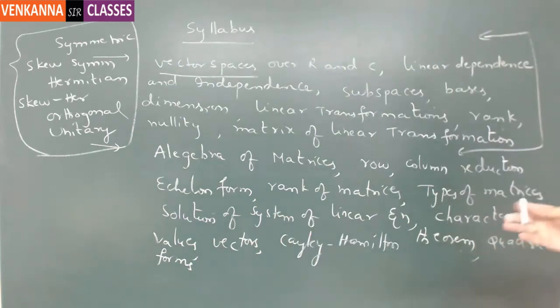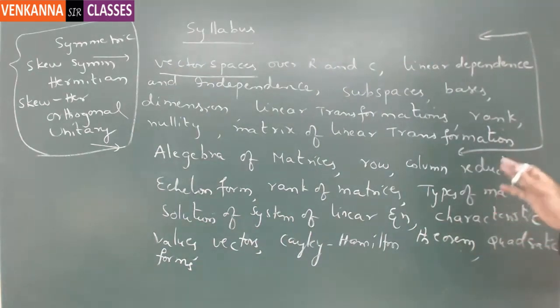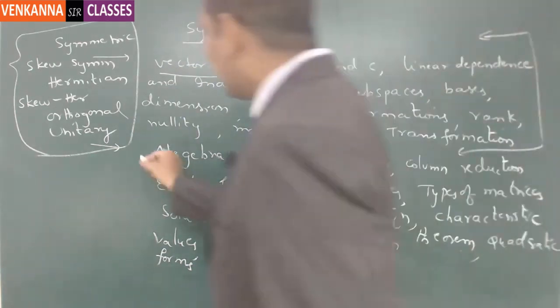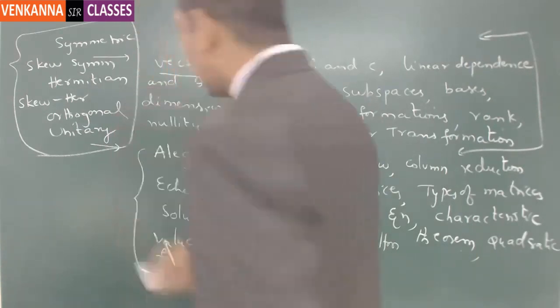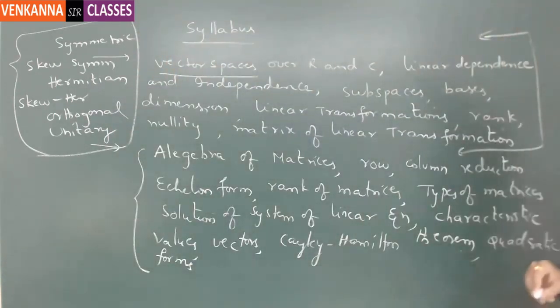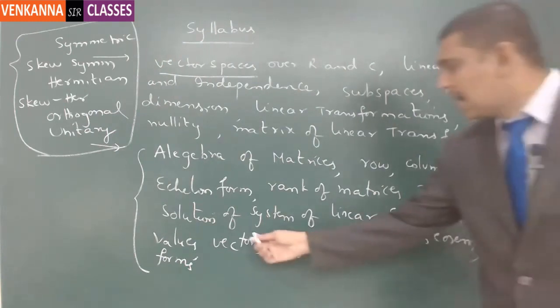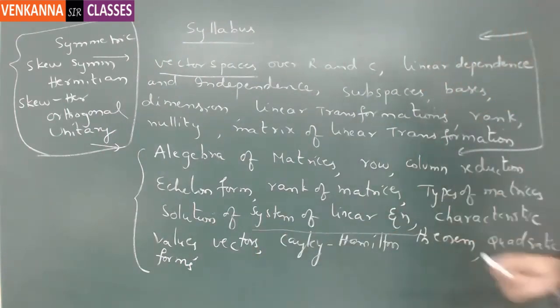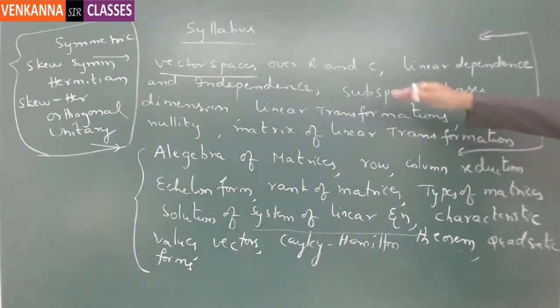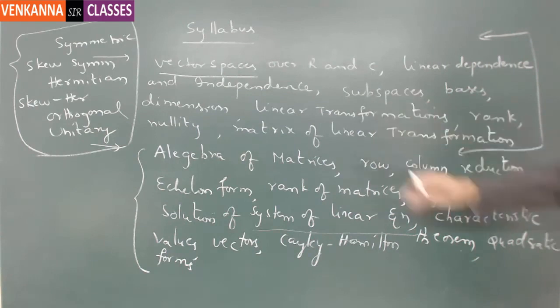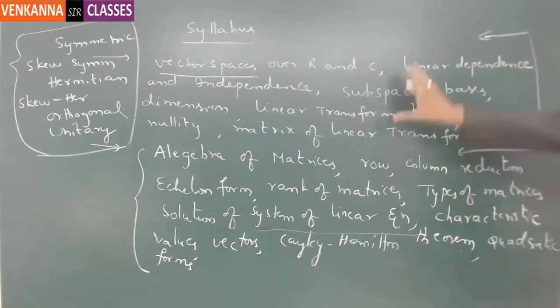The students who have a BTech or BSc background are familiar with the matrices concepts like characteristic vectors, characteristic values, Cayley-Hamilton theorem, types of matrices, and the system of linear equations. If you talk of weightage, these two parts have equal weightage. You can expect one question from the first part and one question from the second part under the essay pattern.